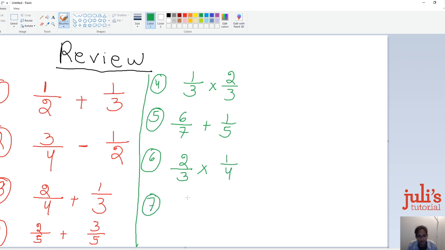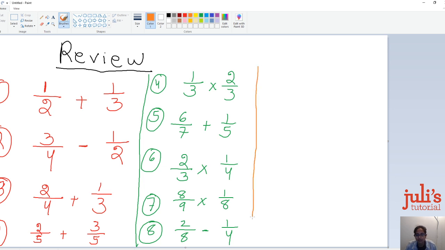7, 8/9 multiplied by 1/8. 8, 2/8 minus 1/4. Number 9, 2/6 divided by 1/4.